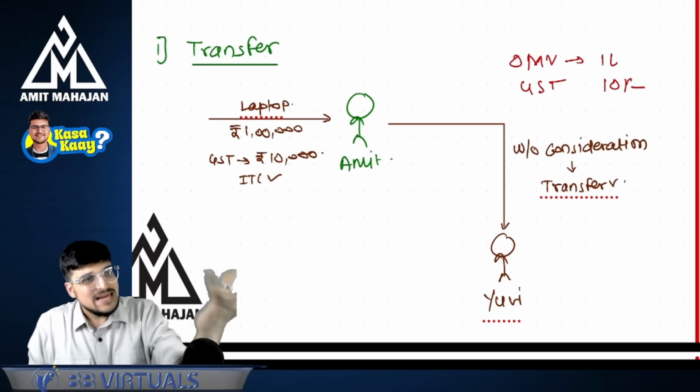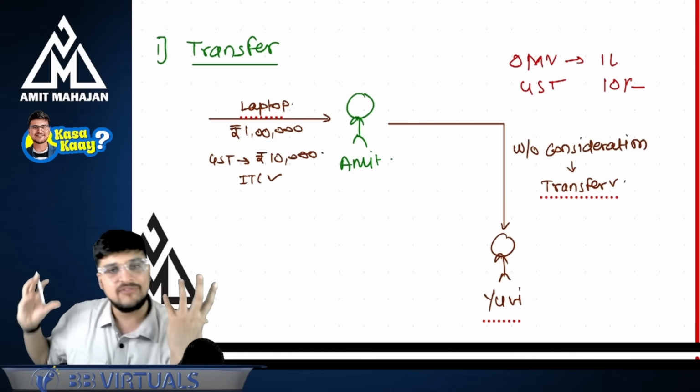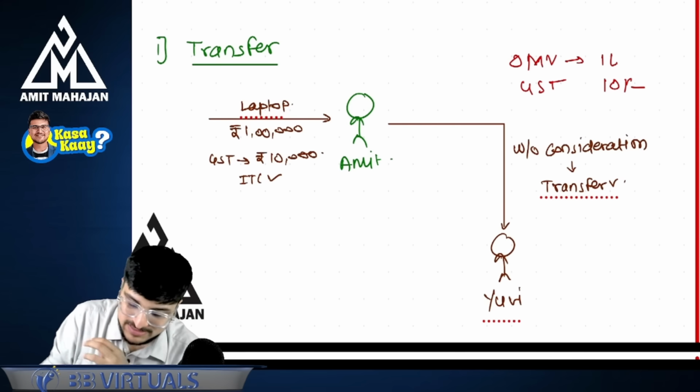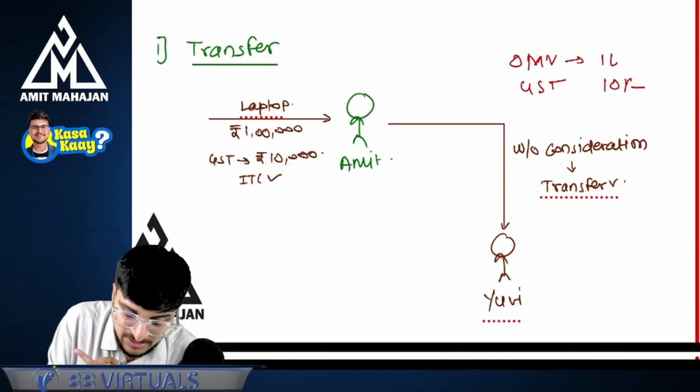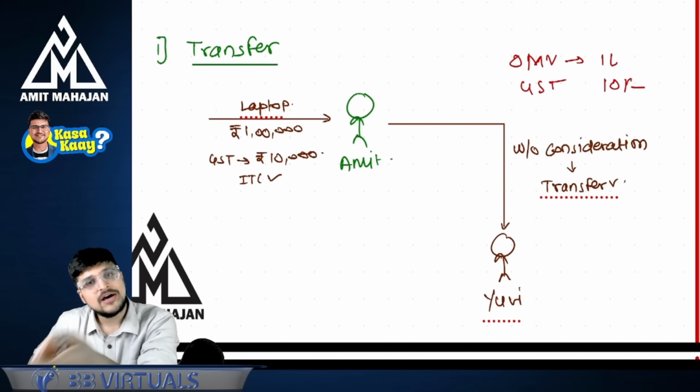For that, they created my outward tax, and for making a payment of that outward tax, I will utilize my ITC, which means my ITC will become 0. And this is how they're asking me to reverse the ITC.